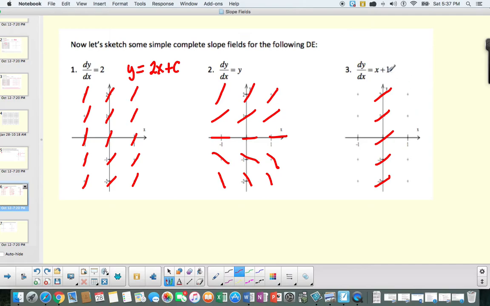So when you take 1 and add it to 1, you're going to have a very steep slope of 2. And if you put -1, all these points have an x value of -1, and that's going to yield a slope of 0. So I hope you notice that when it depends on x, the columns are the same. When it depends on y, the rows are the same.